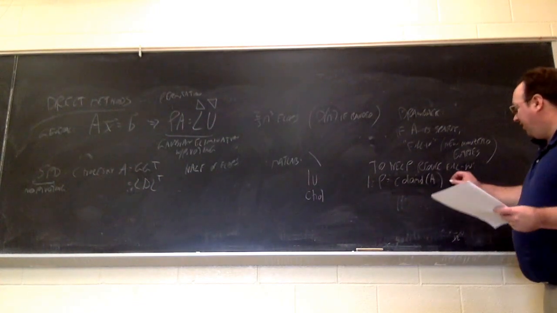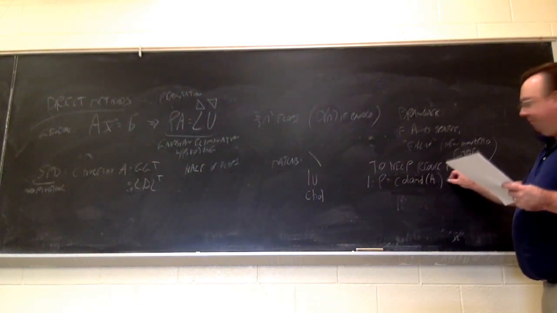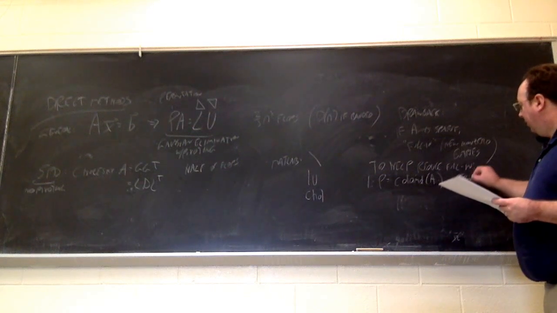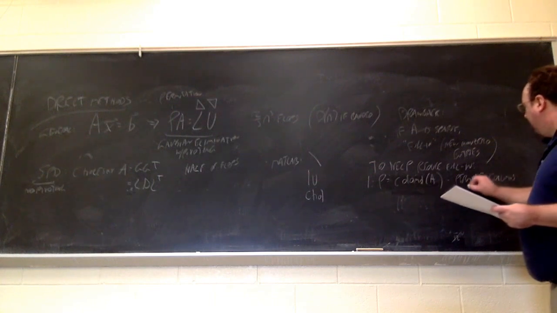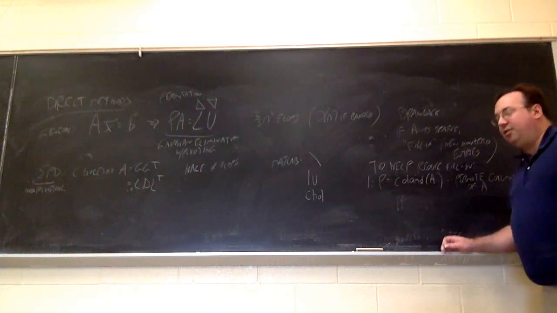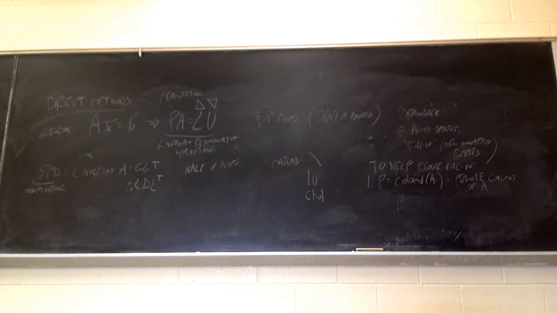So the idea is to use the permutation that it gives you to permute the columns of A. You perform the permutation first, and then solve your system, and then you undo the permutation to put the unknowns back in the original order after you solve.